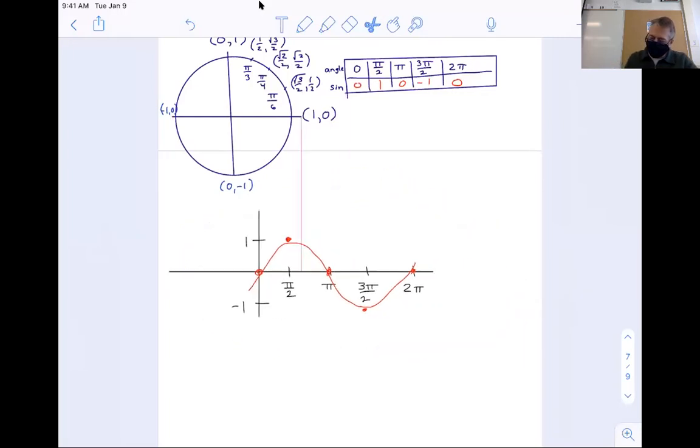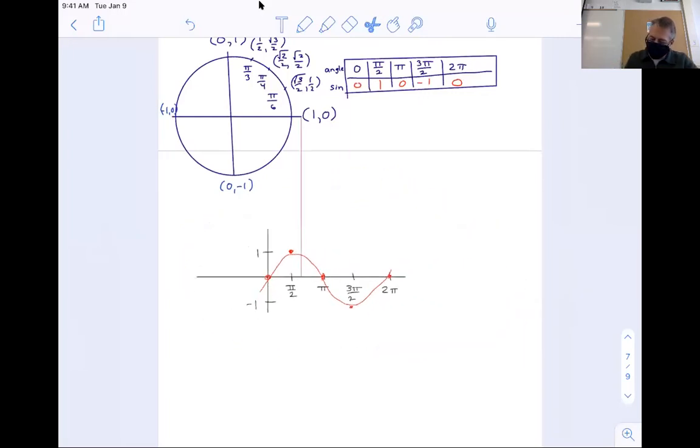So I'm going to take that and shrink it down just a little bit here, because this is one period of the sine graph. So that's going around here one time. If I went around again, the graph would do the same thing, and then it would do the same thing again and again and again.